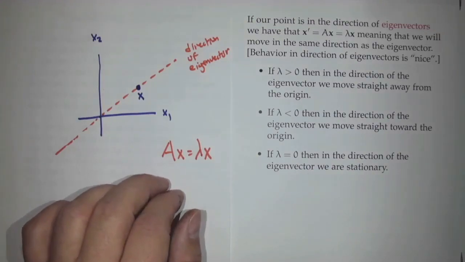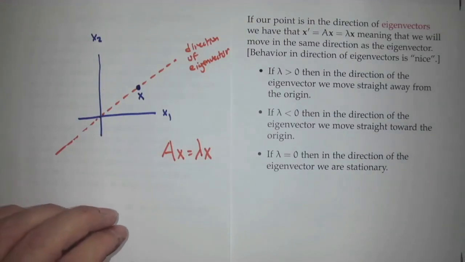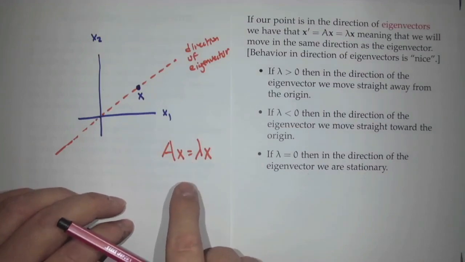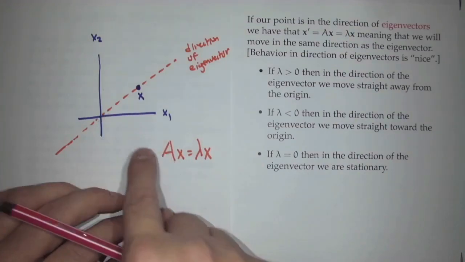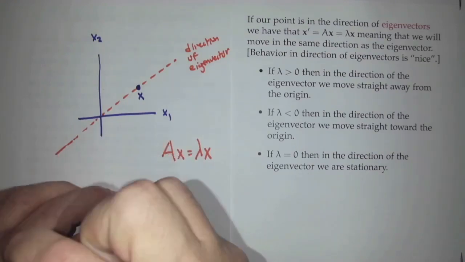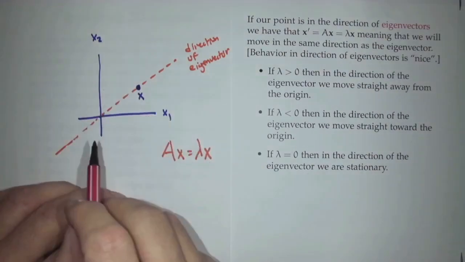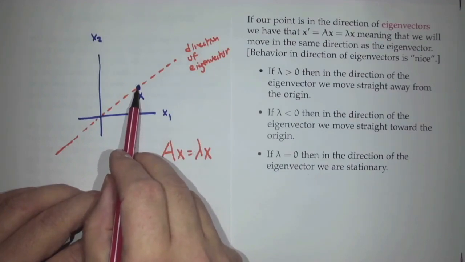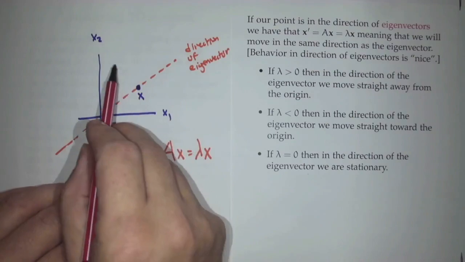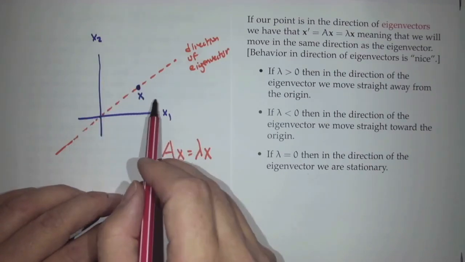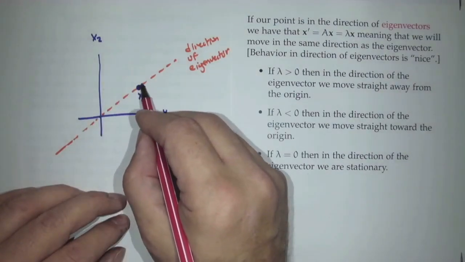Now, the punchline. Suppose lambda is positive, and I plug in Ax equals lambda x. Where does my arrow point? That should go from this point. Which way? Up to the corner. It will follow the same direction.